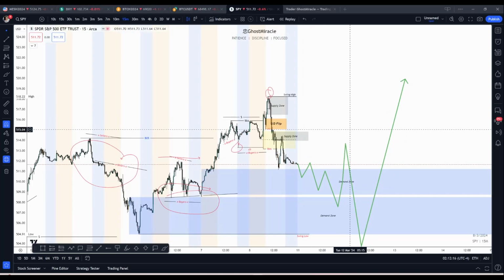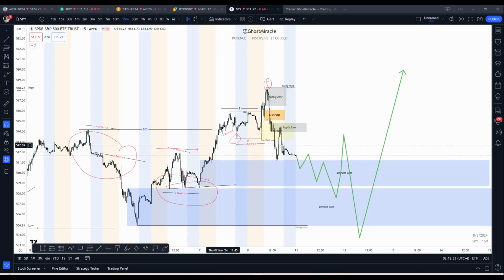The way that I look at it is, price did break this high, but now what am I expecting?